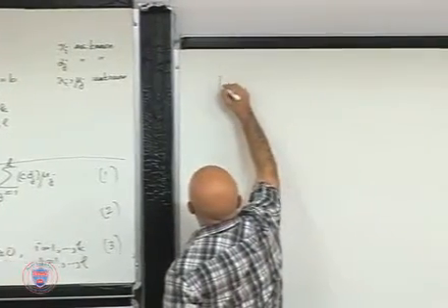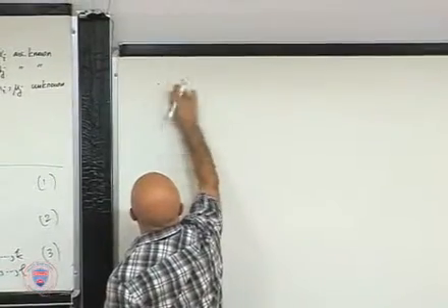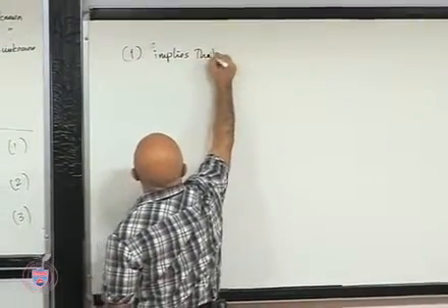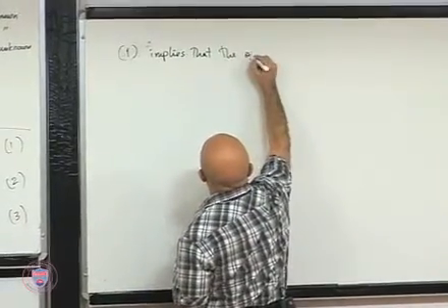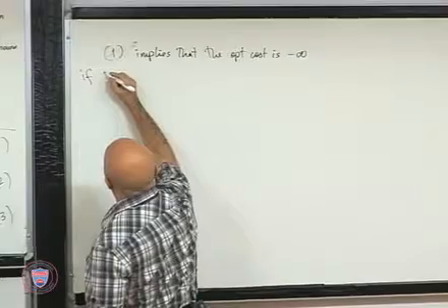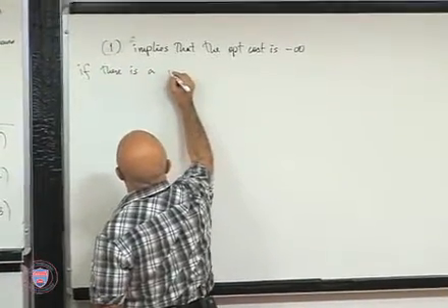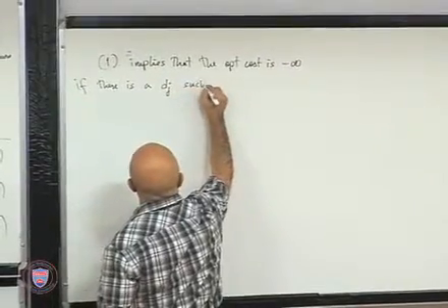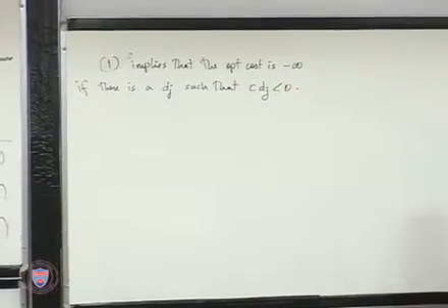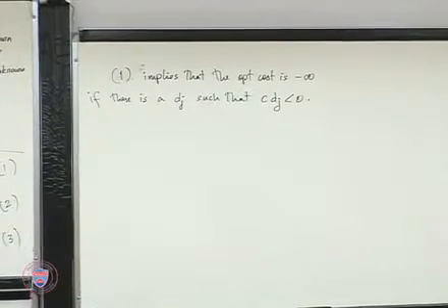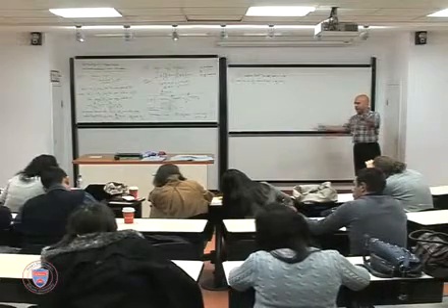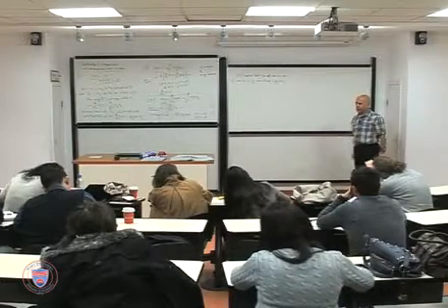So LP prime, or 1, implies that the optimal cost is minus infinity if there's an extreme direction dj for which c times dj is less than 0. For the bounded case, this cannot happen because in that case there is no extreme direction in the first place. Okay? But for the unbounded polyhedral feasible set, this is a possibility.